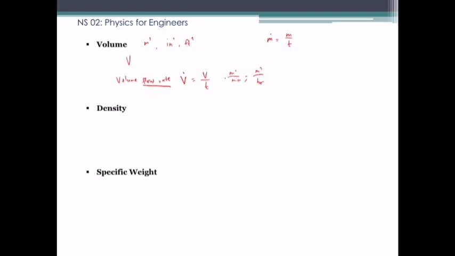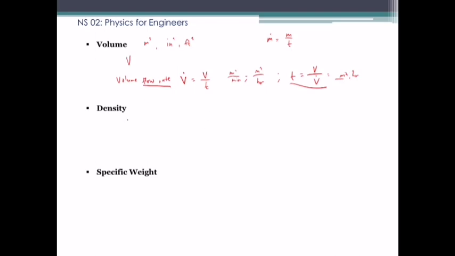So, if you are asked for the time it takes for a cylindrical tank to fill its whole volume, you can solve it if you are given the volume flow rate. You solve for the volume, divide by its volume flow rate, so you get the time, in minutes or in hours. So that is volume flow rate.